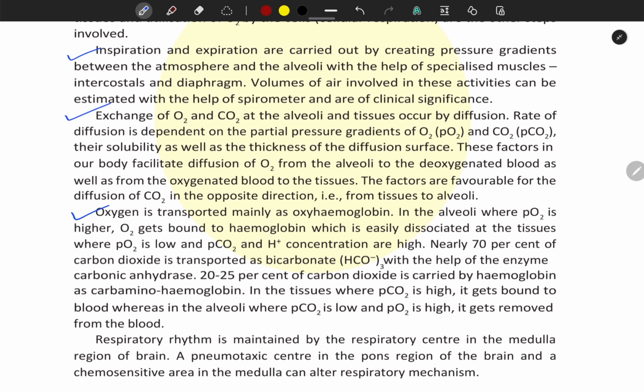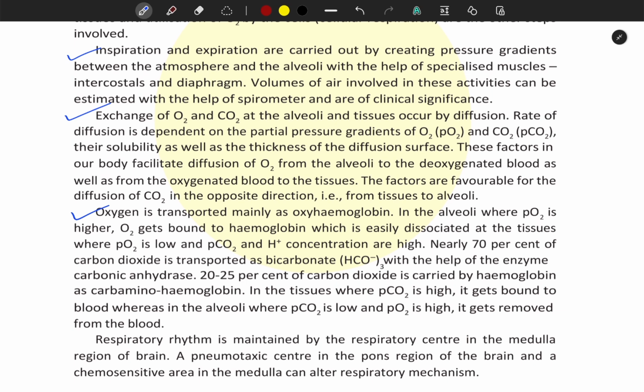Oxygen is transported mainly as oxyhemoglobin. In the alveoli, where PO2 is higher, O2 gets bound to hemoglobin, which is easily dissociated at the tissues, where PO2 is low and PCO2 and H+ ion concentrations are high.